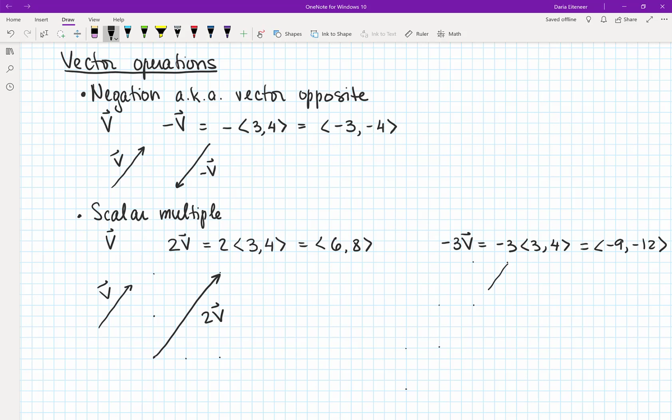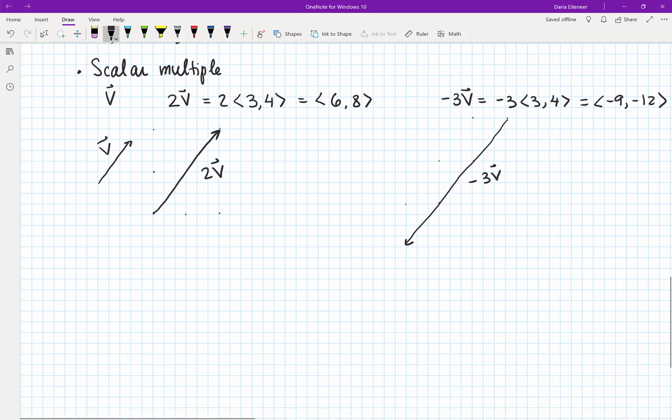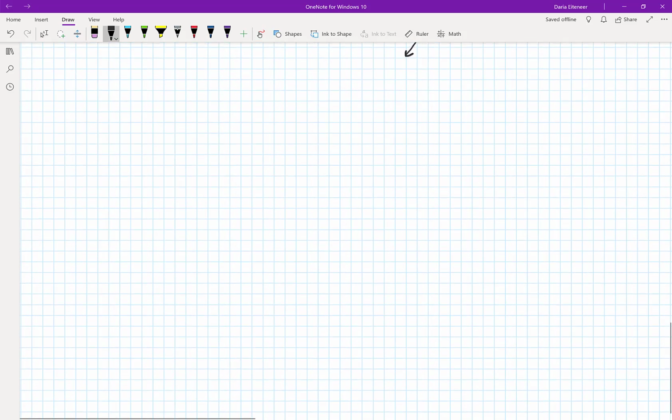It's going to look something like this. It's much easier when you draw using a ruler or a straight edge, and of course graph paper. All right, so here is our scalar multiple. The next operation is called vector addition.